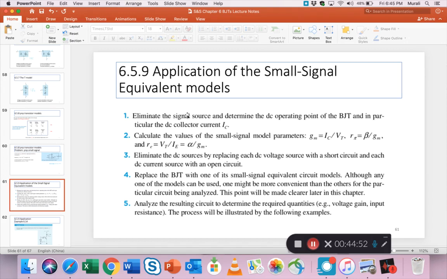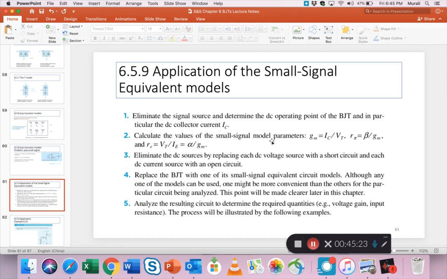One, eliminate the signal source and determine the DC operating point. So generally you will be given a circuit, it will have a DC source for the biasing and a signal for the signal analysis. So step 1 is to take out the signal source and just pretend that there is only the DC source, find the operating point or the Q point in terms of the DC collector current IC and the VBE, applied base emitter voltage.